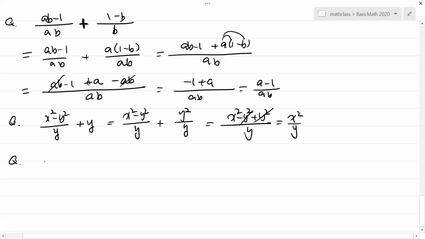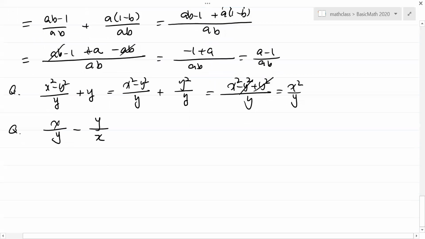Okay, let's try the next one. Okay, x over y minus y over x. Let's combine them into one fraction. Okay, how do you do that? Well, they do not have a common denominator. x and y are totally different things, just like an apple and an orange.